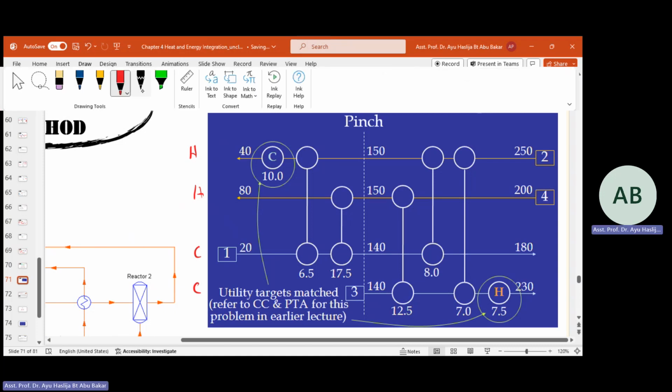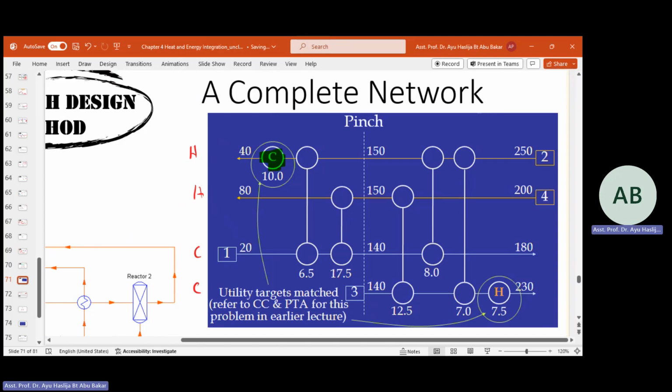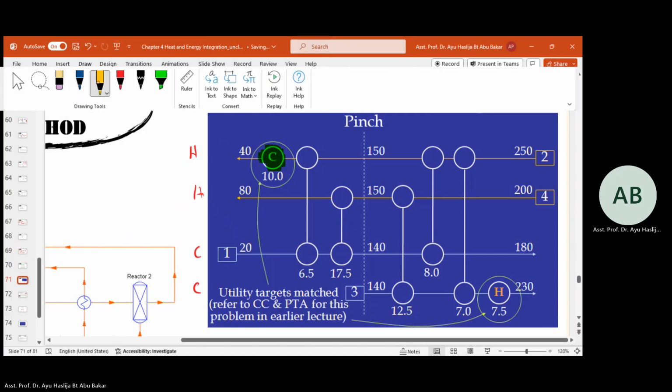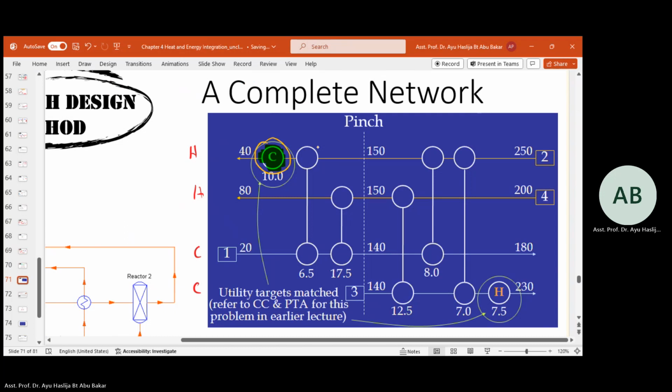How we get 7? 1 for here. 1, 2, 3, 4, 5, 6, 7. Sorry, 7 heat exchanger.